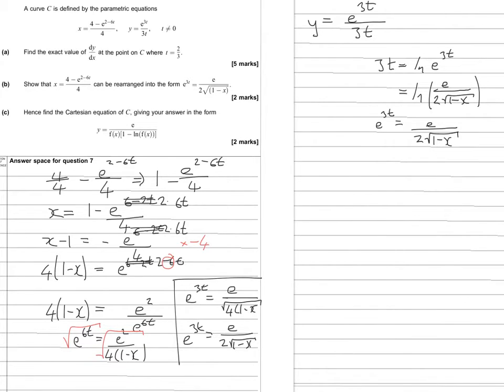So y is equal to e over 2 root 1 minus x divided by ln e over 2 root 1 minus x.